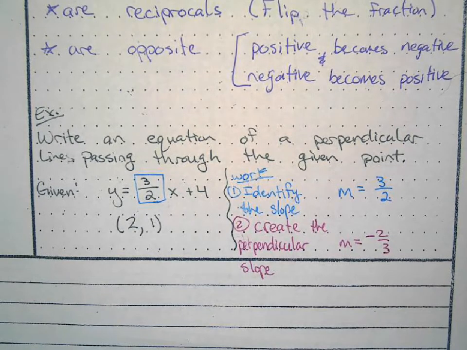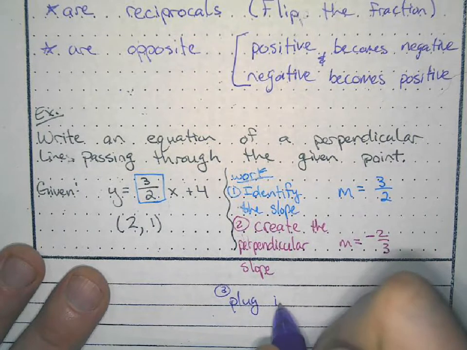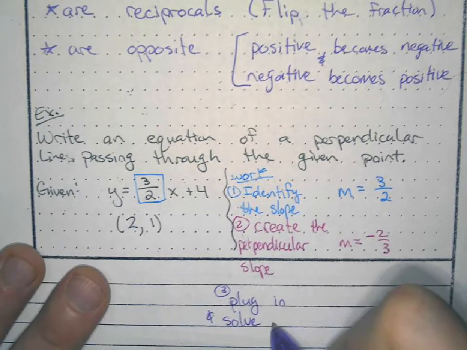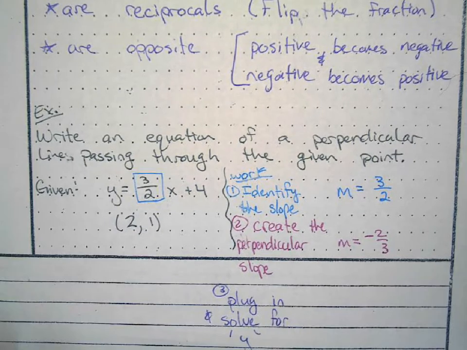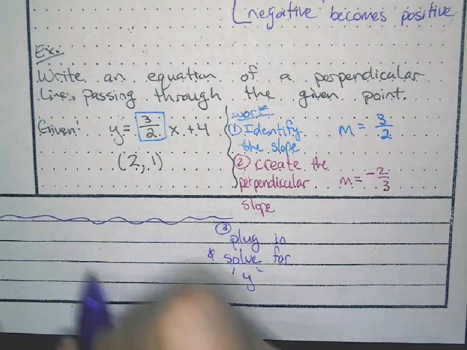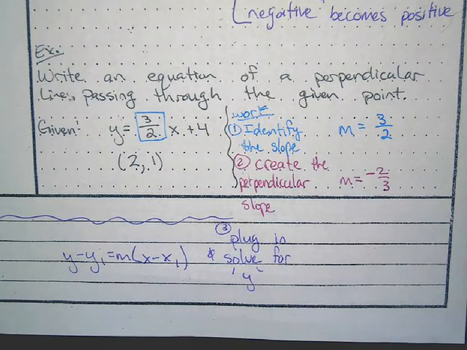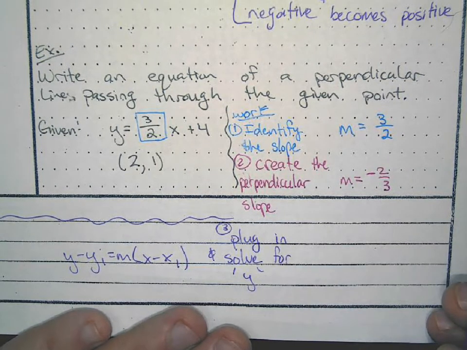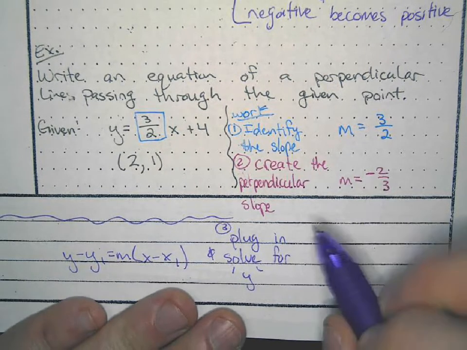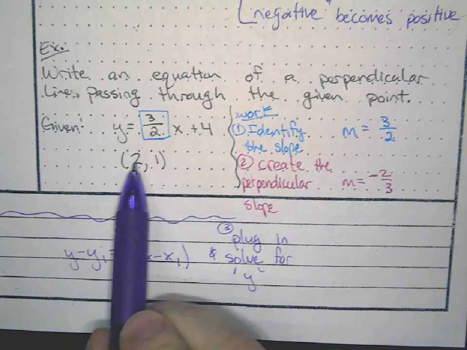And then our last step, like we were doing yesterday, plug in and solve for y. So for this step, we're always going to use that y minus y1 equals m times x minus x1. So we're always plugging into that. So let's go ahead and plug that in. I'm using the point over here, the given point, 2, 1.